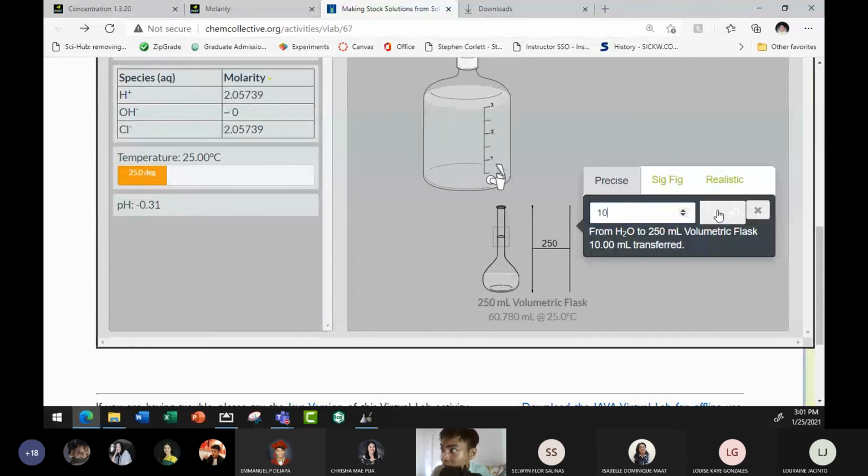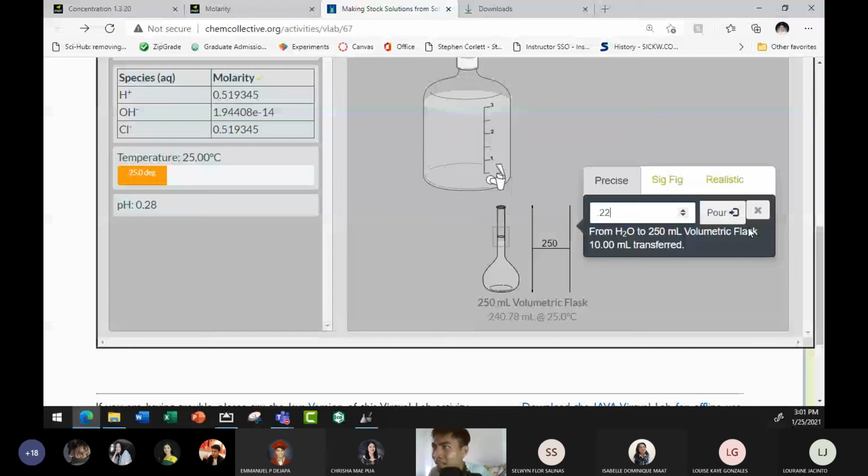I-monitor nyo to. Dadagdagan ko lang ng tubig. Malapit na. Wait lang. Dadagdag ako ng 0.22. Okay. Tigi isa na yung increment ko.